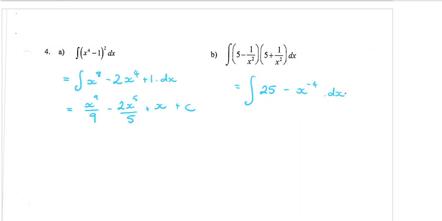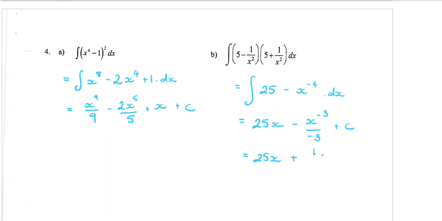All right, integrating the 25 will become 25x. Integrating x to the minus 4, we add 1 to become a minus 3 over minus 3 and the plus c on the end. Now those two minus signs will make a plus. So 25x plus the x to the minus 3 has to go to the bottom so that it has a positive power again.